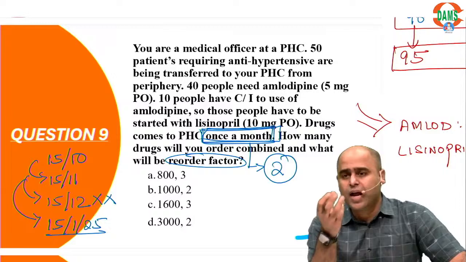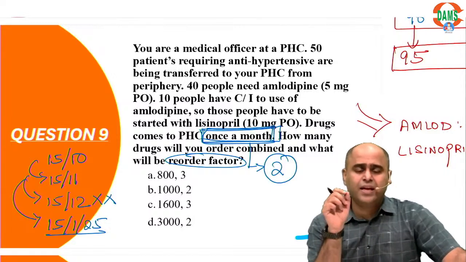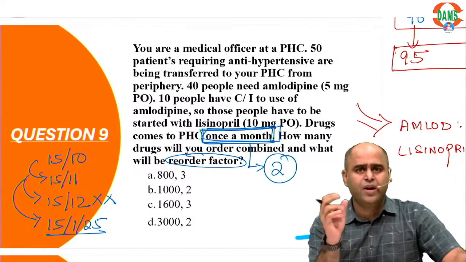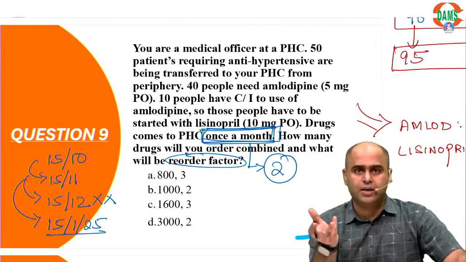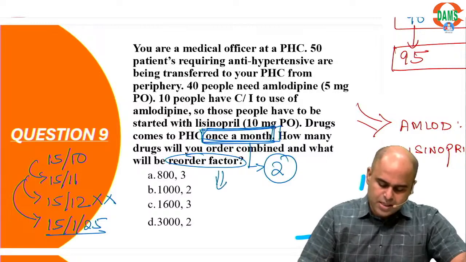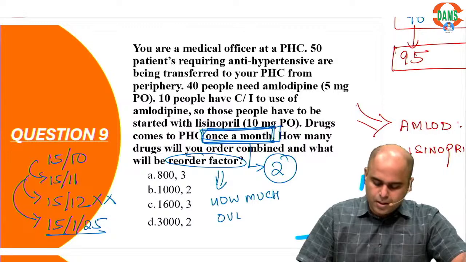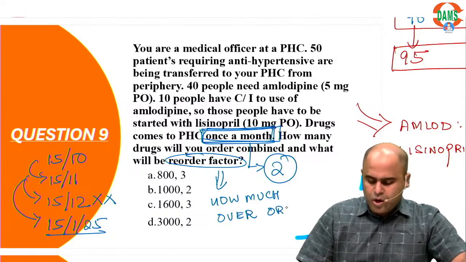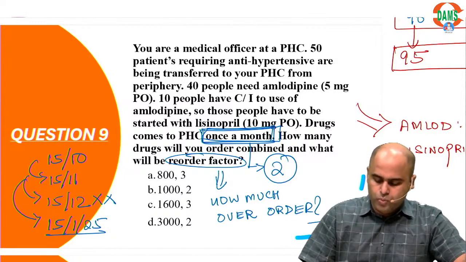So what will I do? The basic thing I will do over here is, to be safe, I will always over order. How much over order? That is what is called the reorder factor. So the reorder factor is 2.